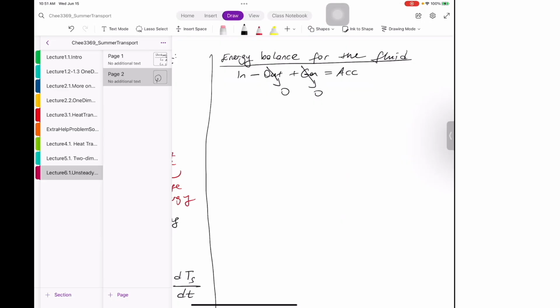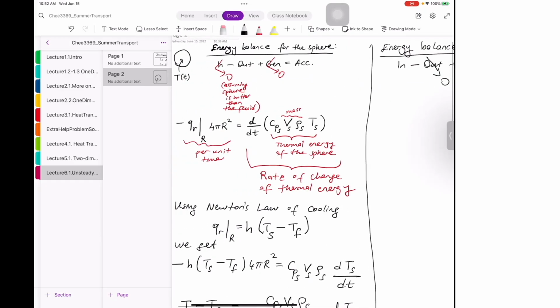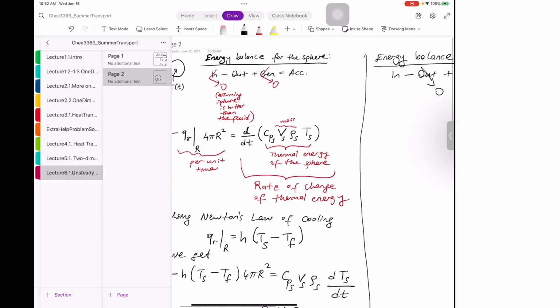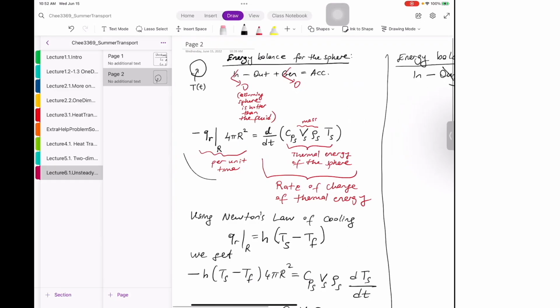Okay, good. And the in is whatever comes in with Newton's law of cooling, right? Whatever is out here should be fed to the fluid.